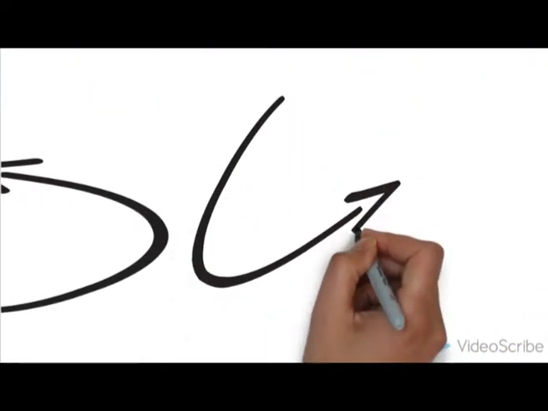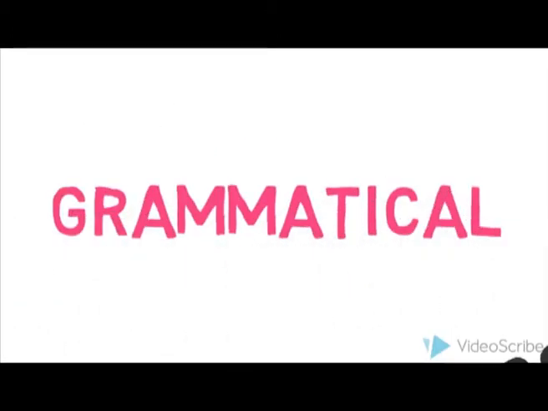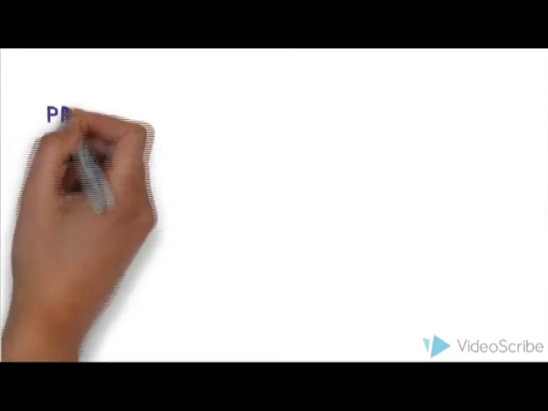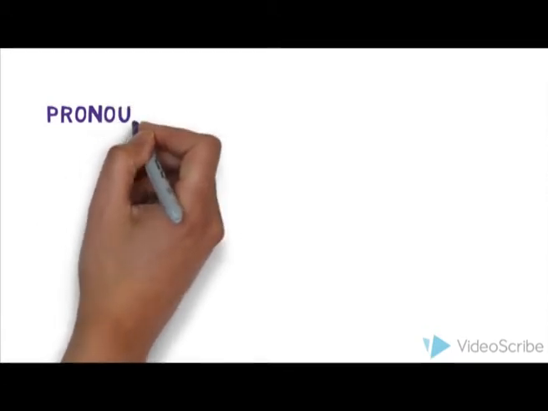The second type of cohesion is the grammatical one. So we have pronoun and possessive reference. We use them instead of a noun.